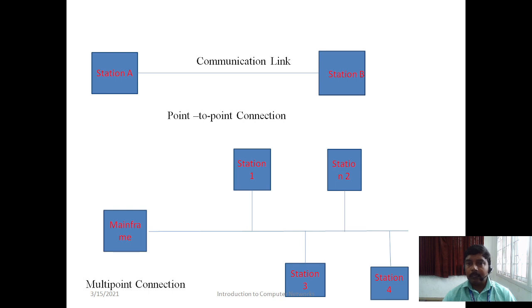The devices are connected to access the server, that is a mainframe server in this picture. It can be any server. So here is how the stations can approach the mainframe on the shared link, which is what we discussed in the multi-point connection. It can be a time-shared link or a spatially shared link. That is about the two types of connections, the point-to-point connection and the multi-point connection.